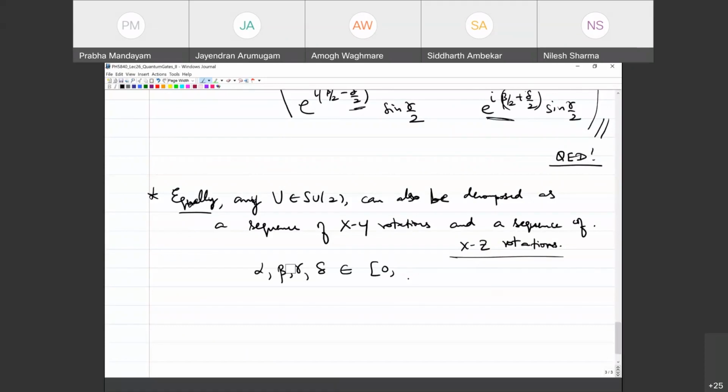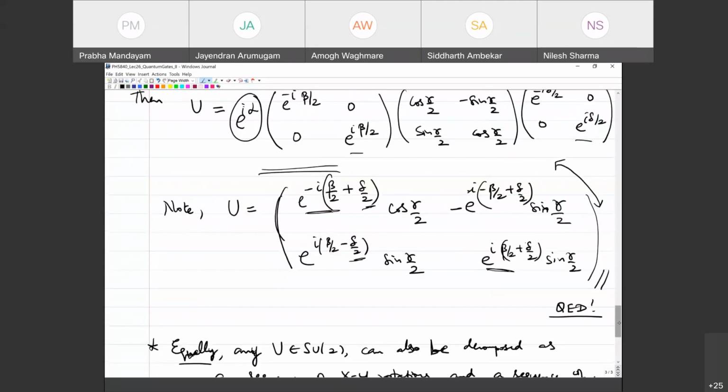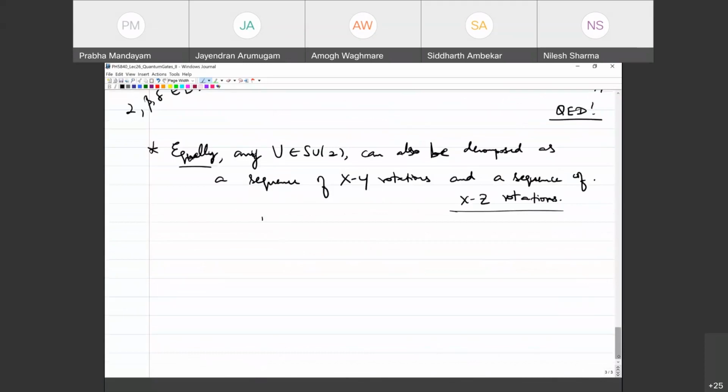So in this particular case, for example, you see that gamma belongs to 0 to pi, but beta, delta, and alpha can belong to 0 to 2 pi, right? So in general, they are reals of this form. So let me just say that in general, you will need these four real parameters, alpha, beta, gamma, delta, all of them reals. Okay.